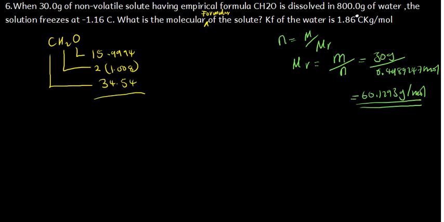Okay, so this will give us 15.9994, and then plus 2 multiplied by 1.008, and then plus 34.54. So that will give us about 52.